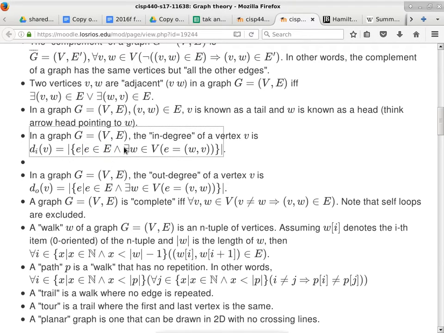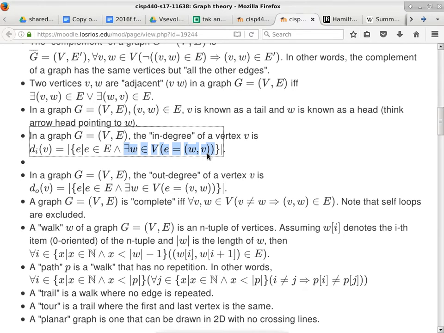What is the second one saying? There has to exist a W, which is also a vertex, where the edge E is WV. What is that saying? W is the tail of the edge, and V is the head of the edge. So how do we draw that WV in this case?